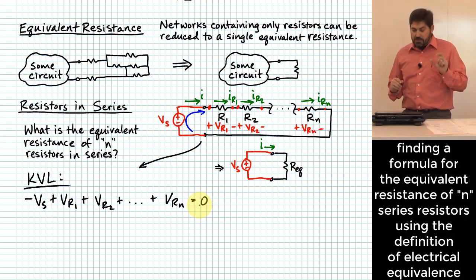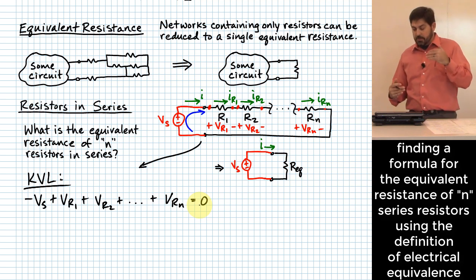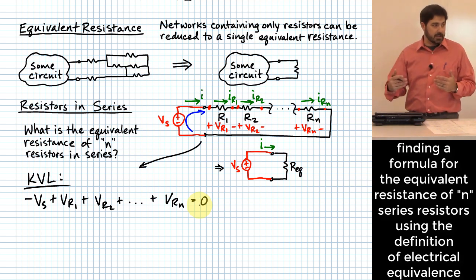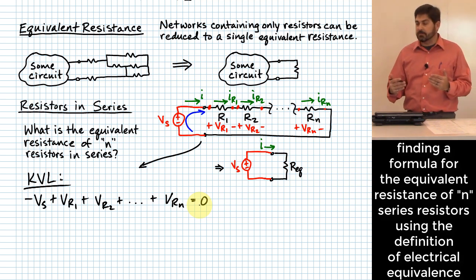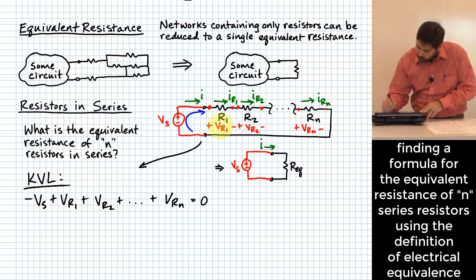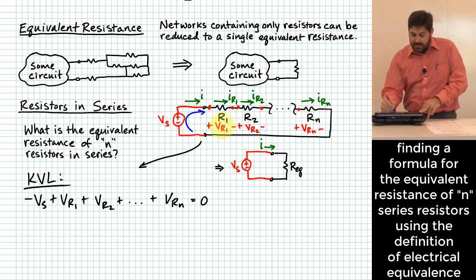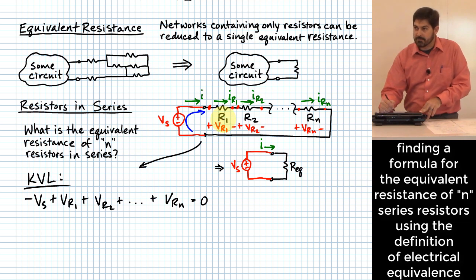All right, now here's a question. Can I replace VR1, VR2, and so on through VRN with something else? I can apply Ohm's law to each one of those terms. If I've got VR1 for R1, the other way of saying that is it's equal to IR1 times R1.